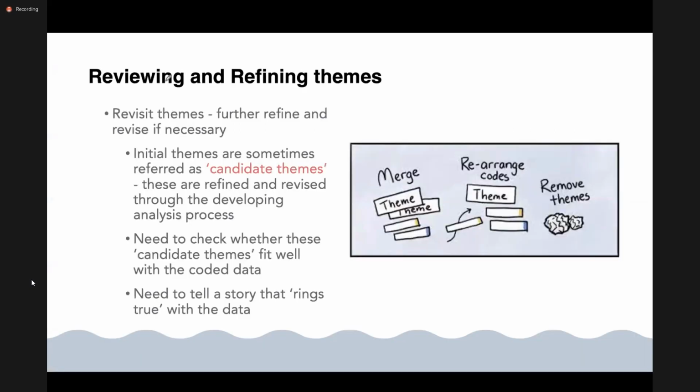So you might have to keep on merging, rearranging codes, removing things, renaming them, until you end up with a story that truly reflects the ideas communicated in your collected data.